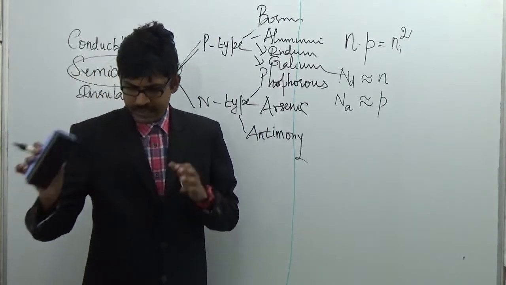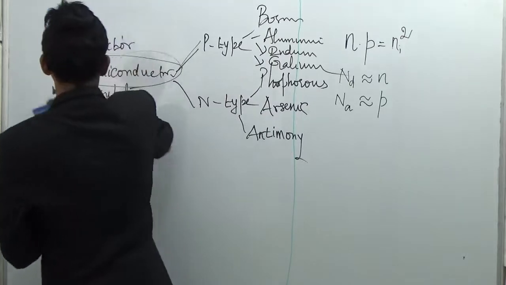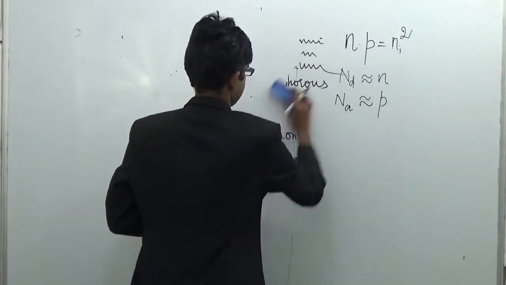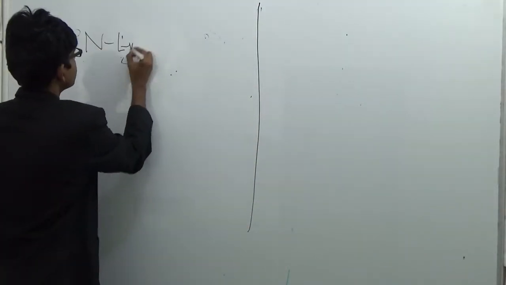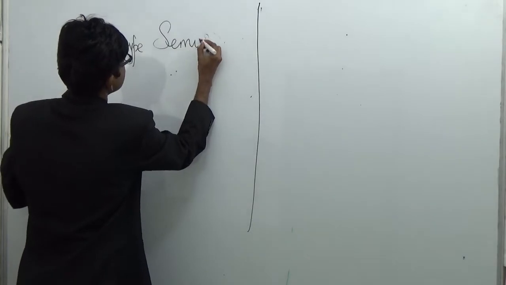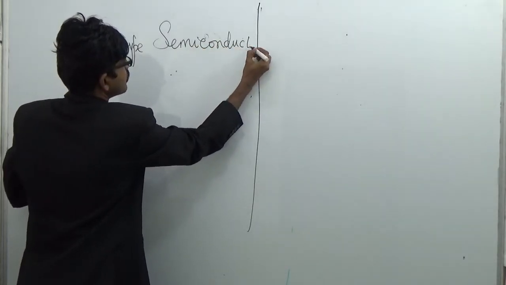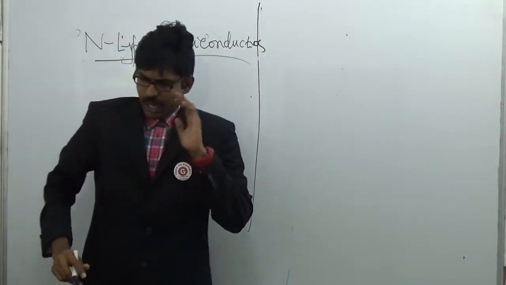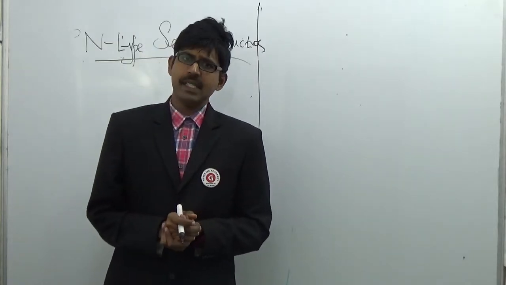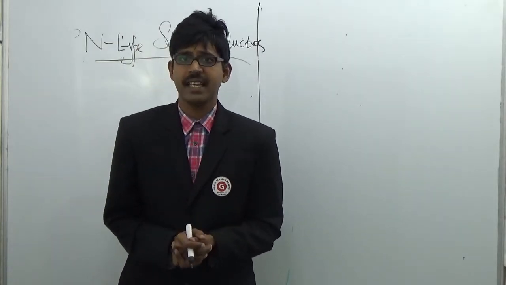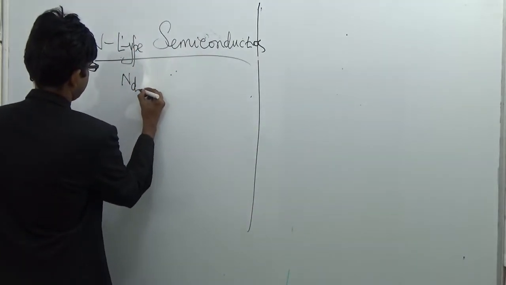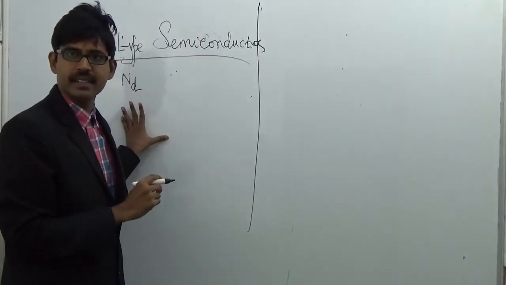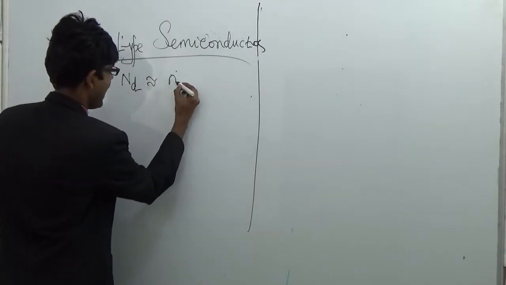Now coming to the n-type semiconductor. For example, the donor concentration is given. We can approximate it to n.